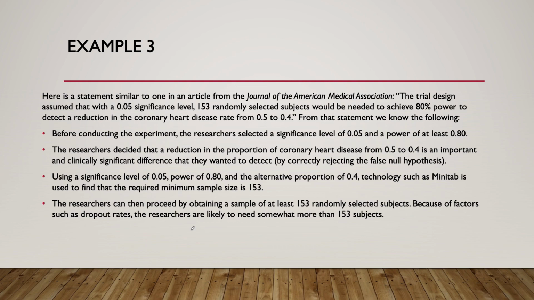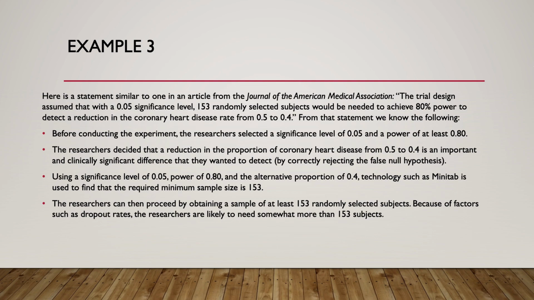Here is a statement similar to one in an article for the Journal of the American Medical Association. The trial design assumed that with a 5% significance level, 153 randomly selected subjects would be needed to achieve 80% power to detect a reduction in the coronary heart disease rate from 0.5 to 0.4.